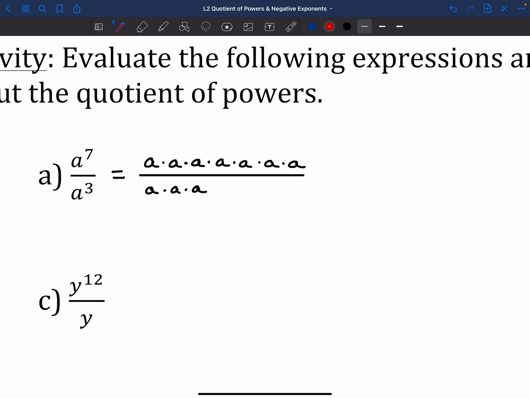If we have the same thing on the top and bottom of a fraction, we can just cross them out. So these all cancel each other, and up top in this fraction, all I have left are 4 a's. Another way to write 4 a's all multiplied is a to the 4th. And you might already have an idea of what the rule is.